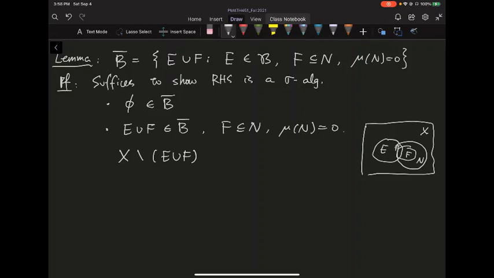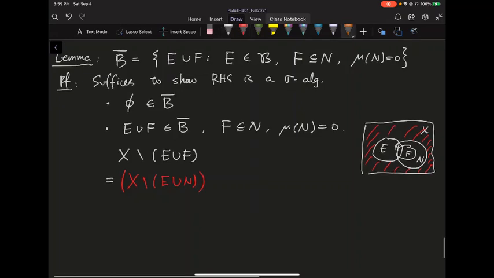Its complement consists of, first of all, the complement of the E union N, so X take away both E and N. Okay, so that's certainly one part.